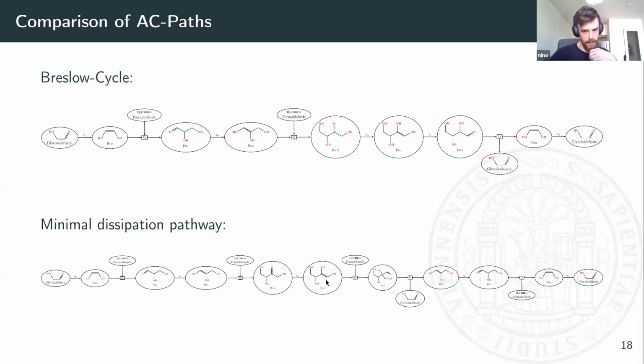And this minimal dissipation pathway runs in a similar fashion until this tetrose, but then it binds another formaldehyde that then asymmetrically splits into glycoaldehyde and this glyceraldehyde, dihydroxyacetone, sorry, which then isomerizes again and splits off one formaldehyde and again a glycoaldehyde.